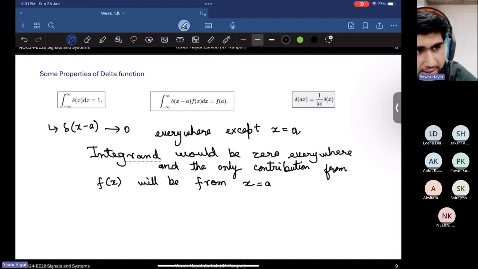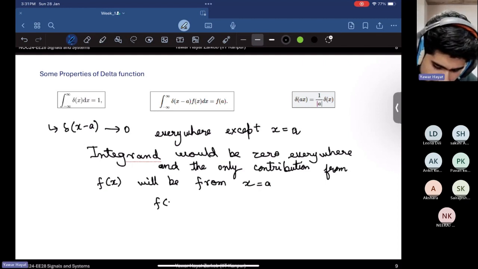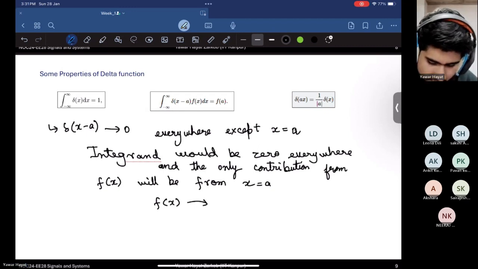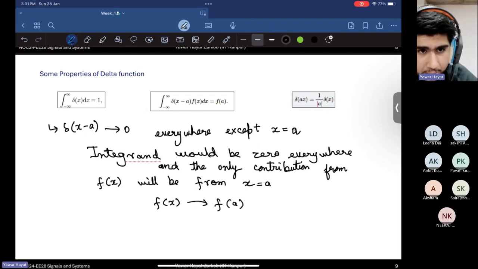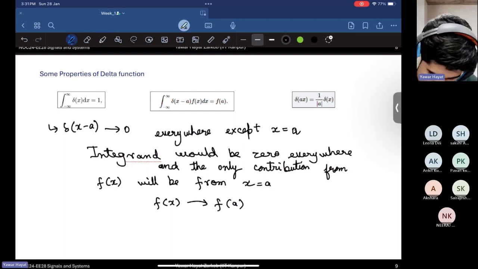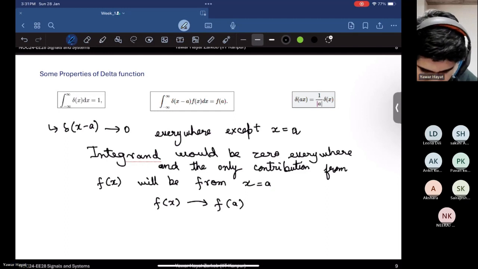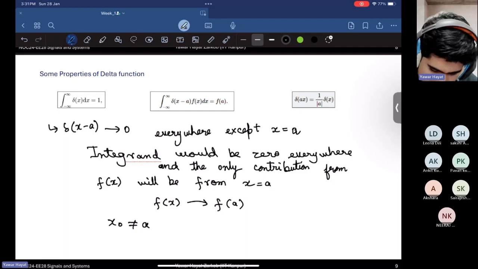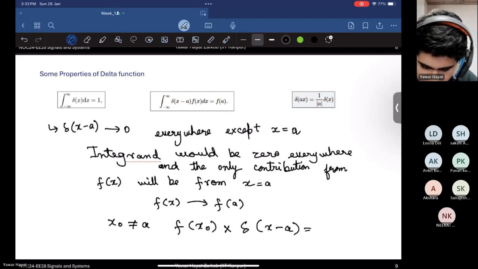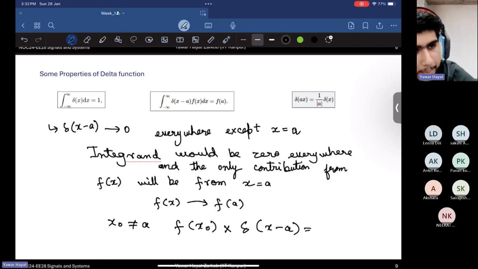If that is the case, then we can readily replace f of x by f of a, right? Because suppose I define any other value, say x naught, that is not equal to a, then f of x naught times delta of x minus a, what would this value be?